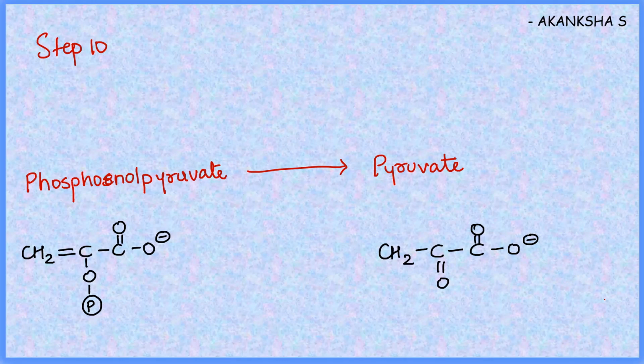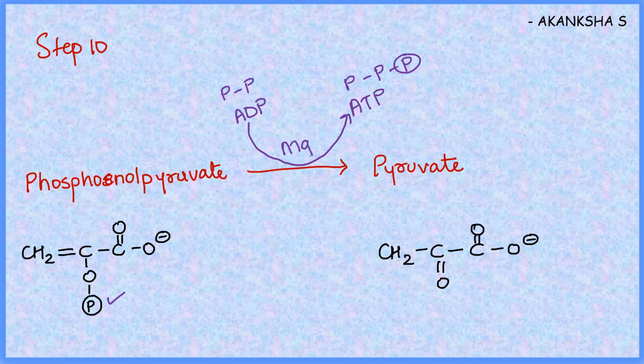What is happening over here? Let's try to understand. We lost a phosphate group, right? So whenever a phosphate group is lost, what is the primary thing? Primary thing is ADP, meaning ADP got converted to ATP. So this third phosphate came from the PEP. Okay. And whenever ADP or ATP conversion is there, we require magnesium ions.